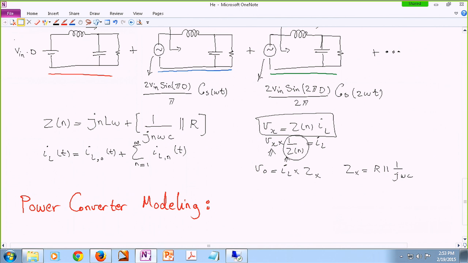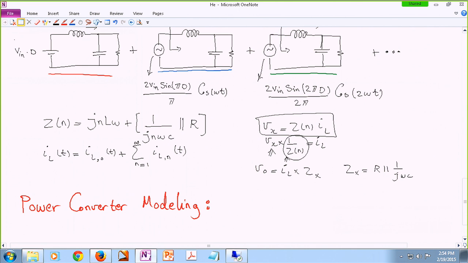If all of a sudden it drops to 0, the CPU turns off, or if it overshoots to a certain value, you may actually damage your CPU. So there's a high dynamic in your load, but your converter, regardless of that, should be able to provide a constant voltage to your CPU. I don't know, 5 volts or 4 volts or 3 volts or 1 volt or whatever they are using these days.